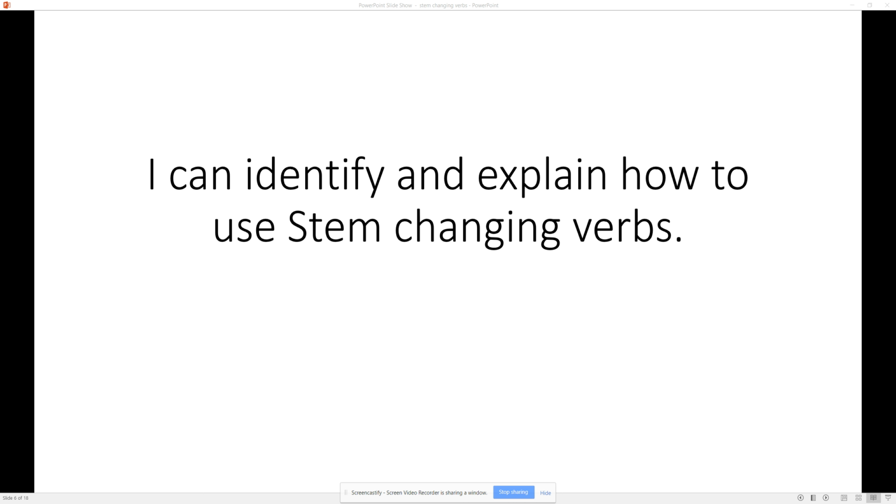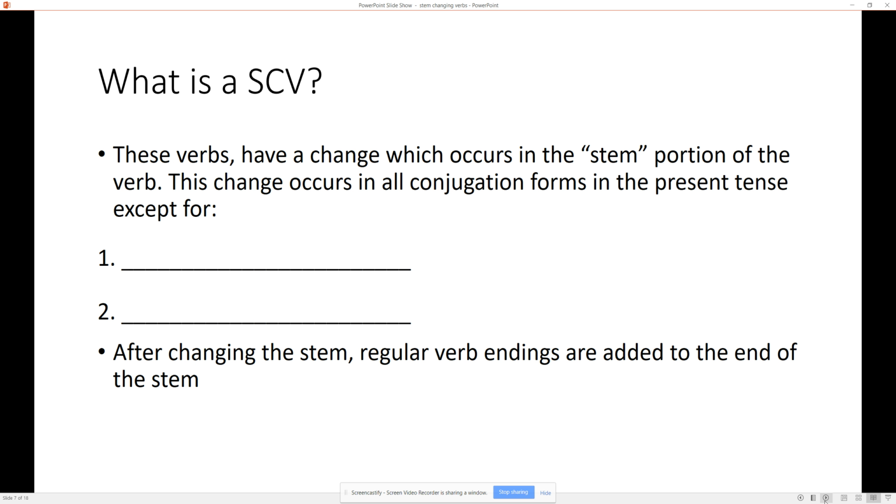Hello, today I'm going to do a quick overview of how to identify and explain how to use stem changing verbs. So number one, let's start off with what is a stem changing verb. A stem changing verb is a verb that has a change that occurs in the stem portion of the verb.